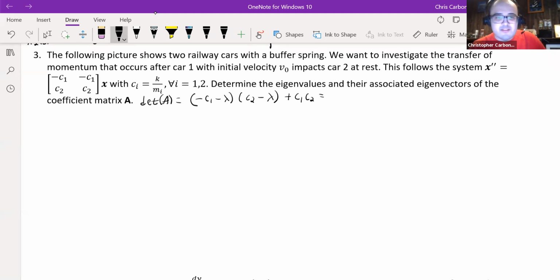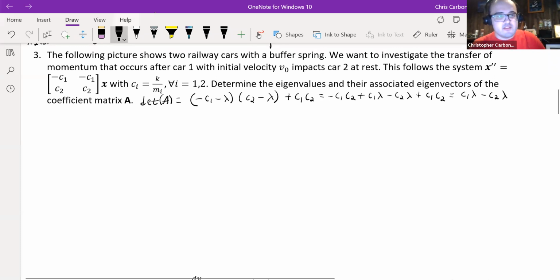And that gives us nicely negative c sub 1 times c sub 2 plus c sub 1 times lambda minus c sub 2 times lambda plus c sub 1 times c sub 2. And that combines nicely to make c sub 1 times lambda minus c sub 2 times lambda.